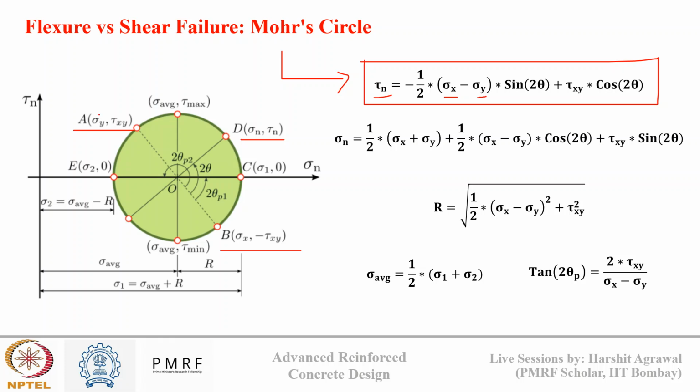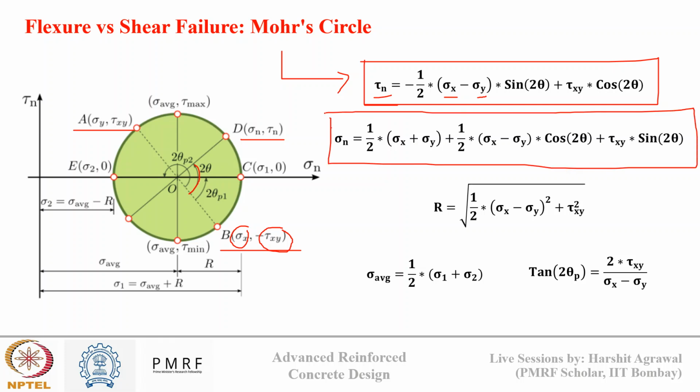This sigma x, sigma y, and tau xy are the values of shear and flexure that we already know. From these known values, and if we know the angle by which we are rotating from our point, we can determine shear and flexure at any point. This was for flexure, and similarly there is a formula for shear also that can be used.